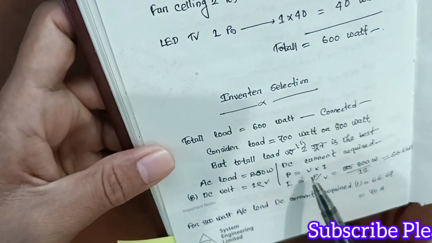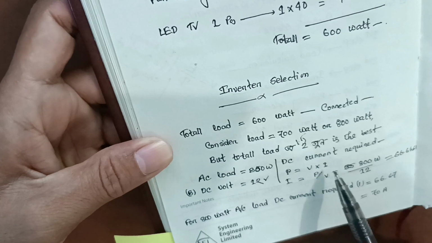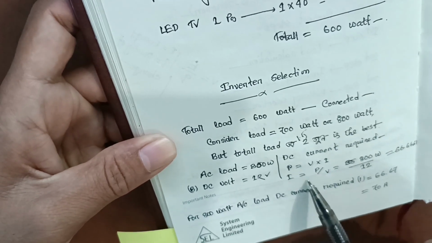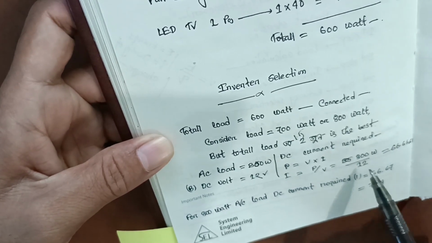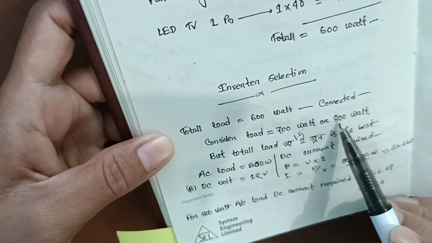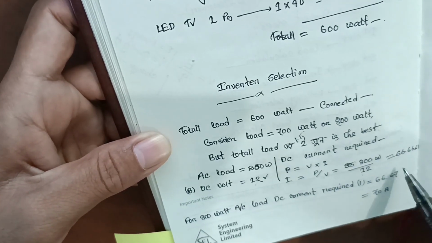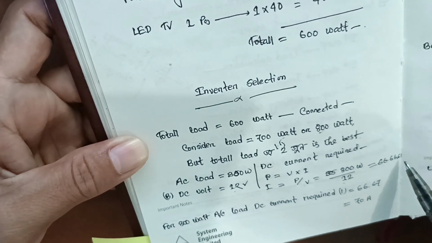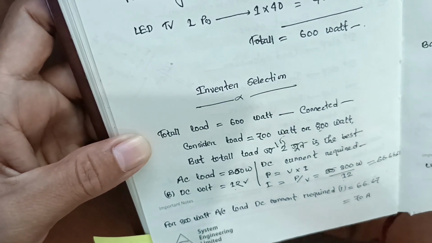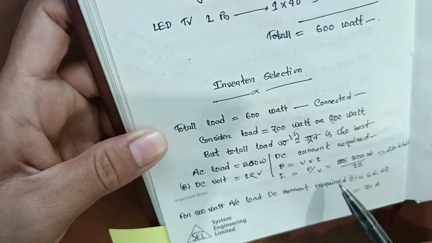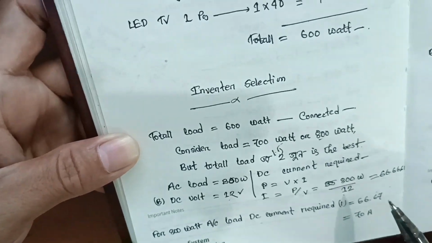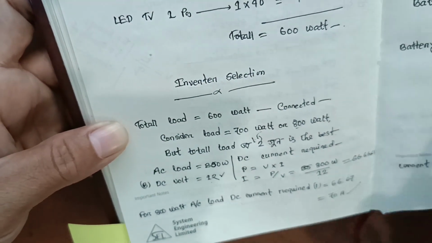For the DC current requirement, P equals V into I, so I equals P divided by V. Taking 800 watts and 12 volts DC gives 66.67 amperes. So for an 800 watt AC load, the required DC current is 70 amperes.